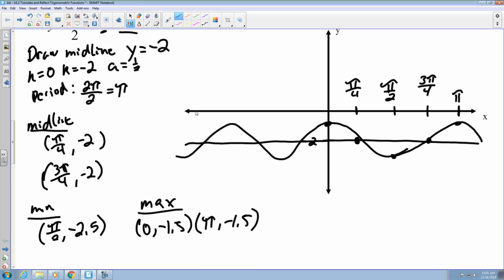So just like it was in 14.1, I'm more concerned about you figuring out these 5 points than necessarily getting the graph down. You can easily get a graph on your calculator, but being able to establish what those main points are is what we're looking for.